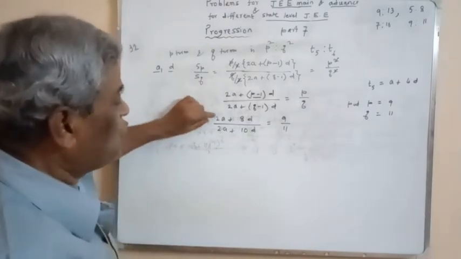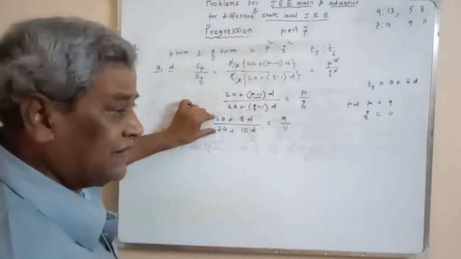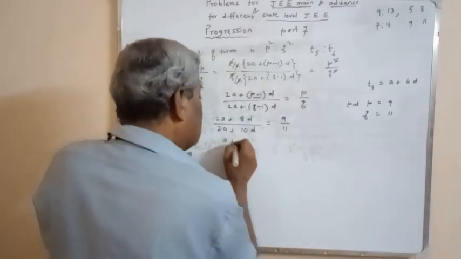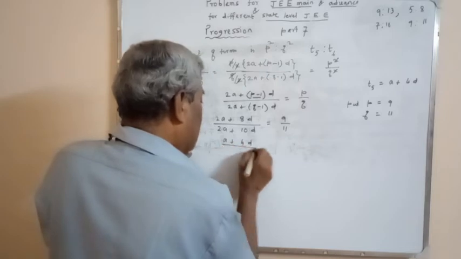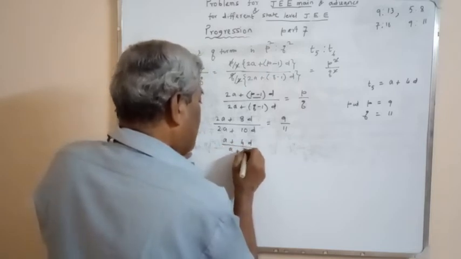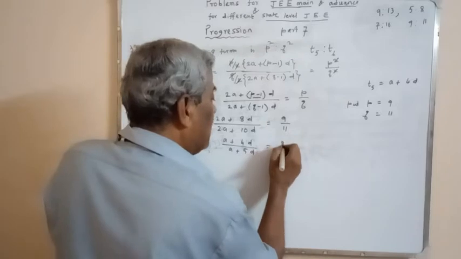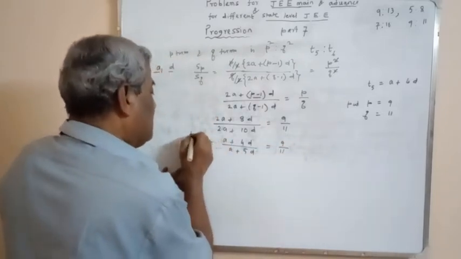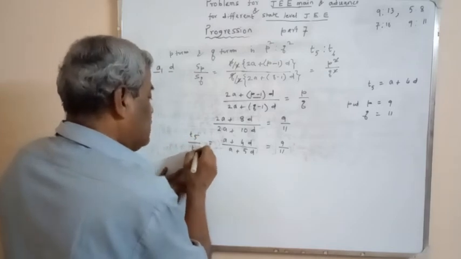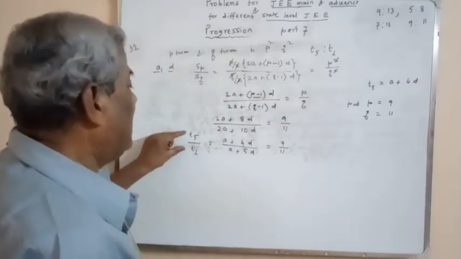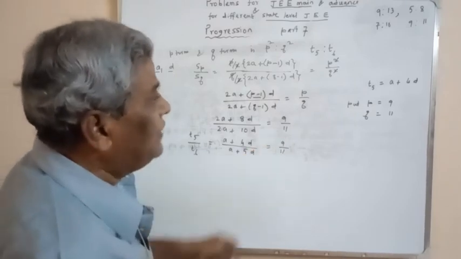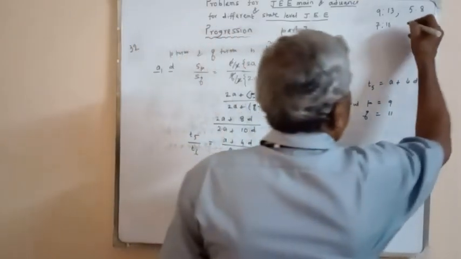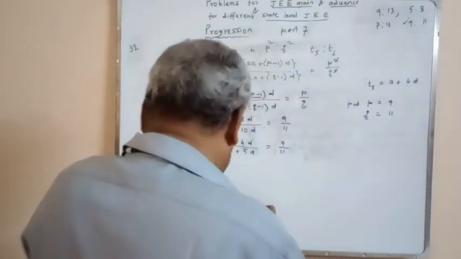Now 2 can be taken common from this and that, and after cancelling 2, this is A plus 4D by A plus 5D. It is equal to 9 by 11, and it is nothing but T5 of the series by T6 of the series. So T5 is to T6 is 9 by 11. So our answer is 9 by 11. So option D is correct.